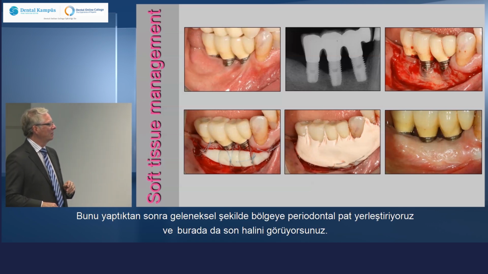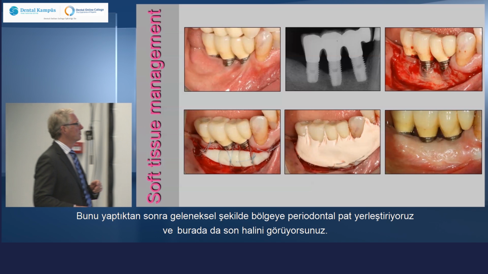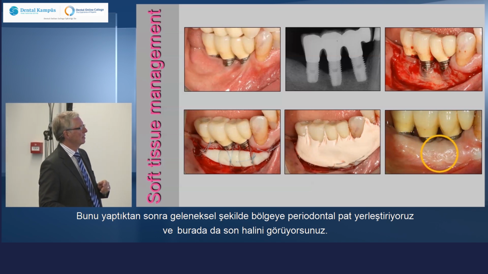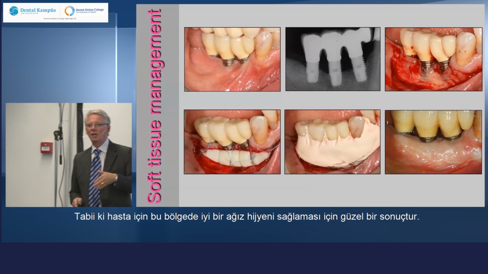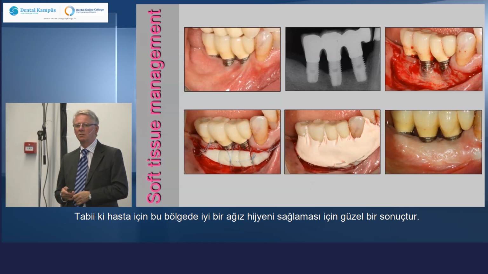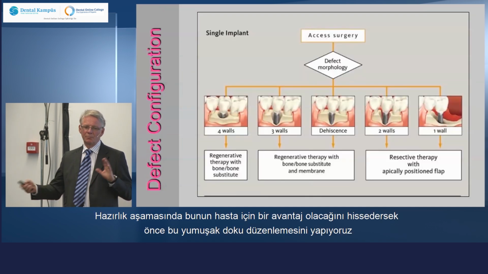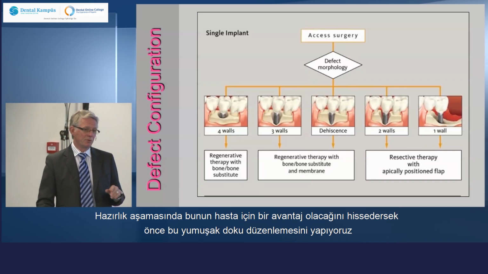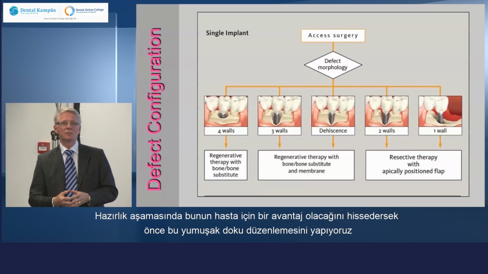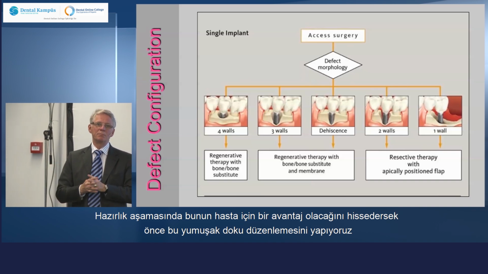After doing that, we normally place a very conventional co-pack in the area, and you see this is the end result. And of course, it's much easier for the patient to obtain a good oral hygiene in this region. So this is the preparatory phase where, if we feel it is of advantage for the patient, we do this soft tissue management.